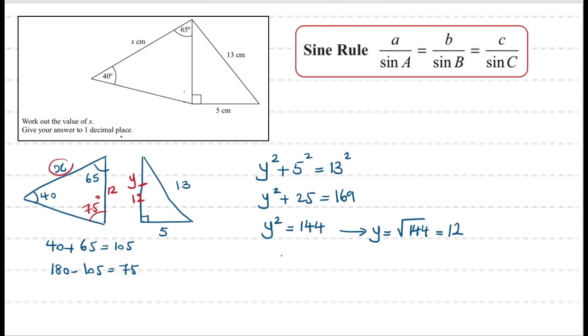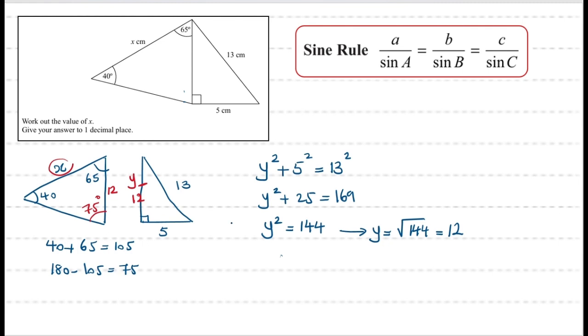Now going back to the triangle on the left hand side, we have 2 sides which are x and 12, and their opposite angles, which are 75 degrees and 40 degrees. Therefore, we can use the sine rule in the triangle that is on the left-hand side.